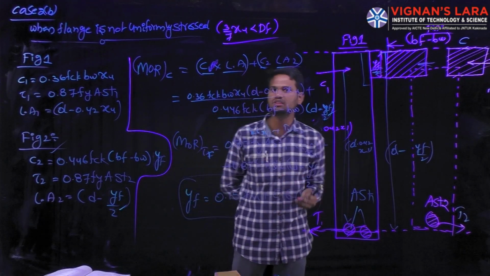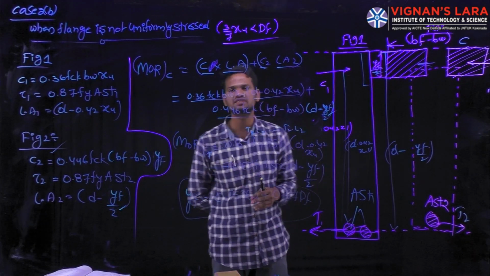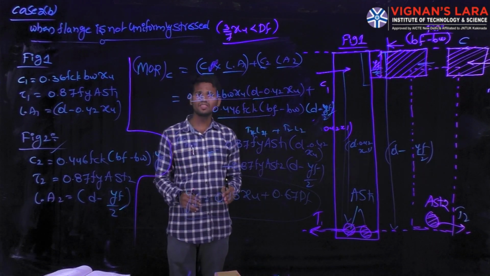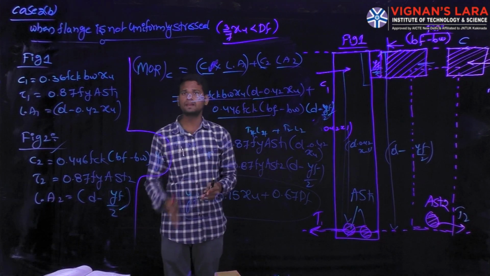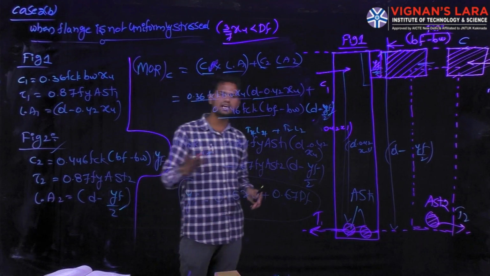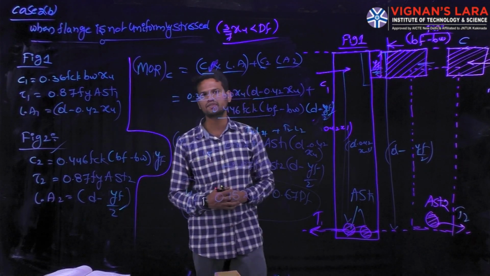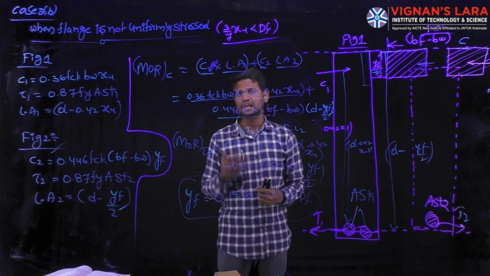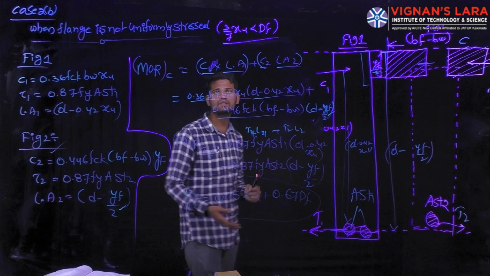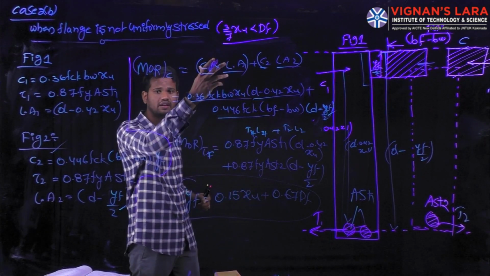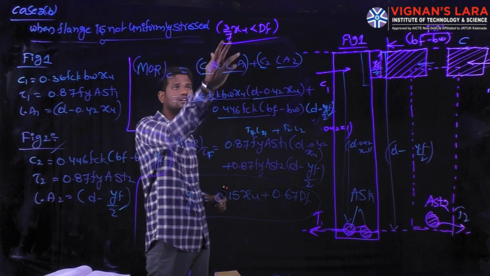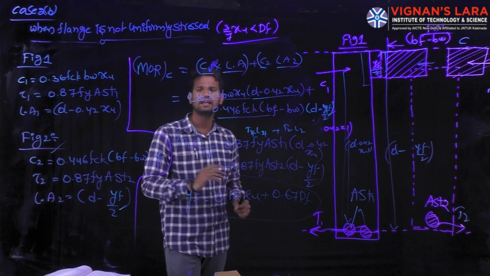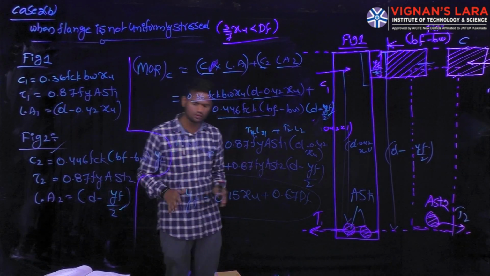From this condition we calculate the depth of the non-uniformly stressed block. Up to now this is the entire analysis for flanged beams when the neutral axis lies within the web portion, the stress block is not uniformly stressed, and 3/7 of XU is greater than DF.